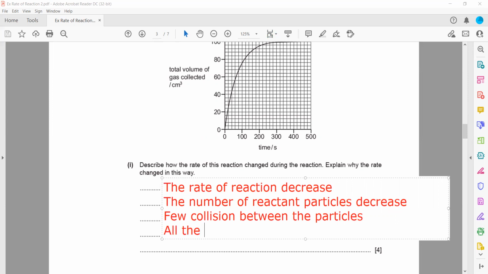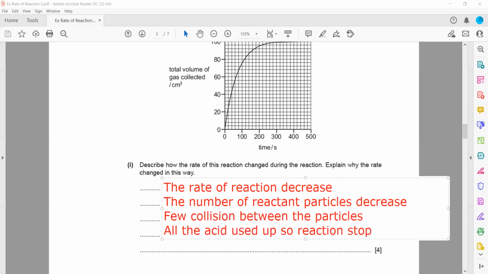Because magnesium carbonate is in excess, we cannot say magnesium carbonate is used up. So we will mention all the acid is used up. So the reaction stops.